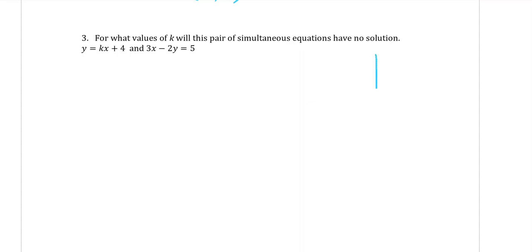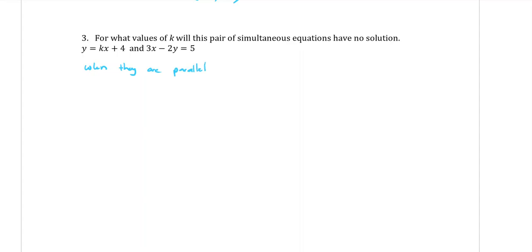The only times they do not intersect is if they are perfectly parallel. So no solutions means that those two lines have to be parallel. So let's write here, no solution, or let's say when they are parallel.